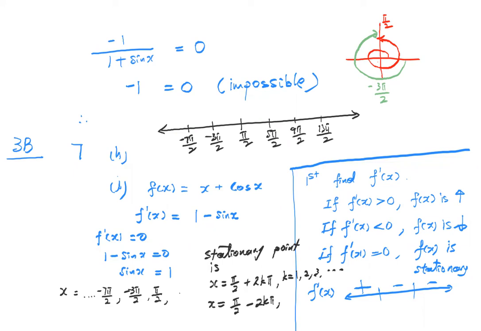Sign diagram cannot work for us now. So what to do? Draw the graph, but you can't draw until infinity. You repeat the pattern. Is there a way to do this one?